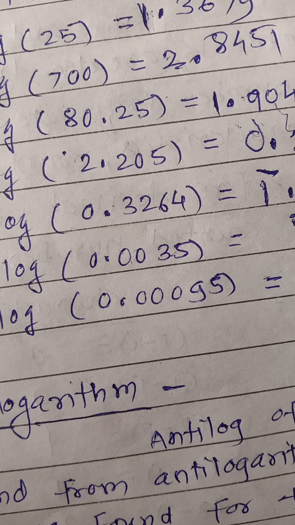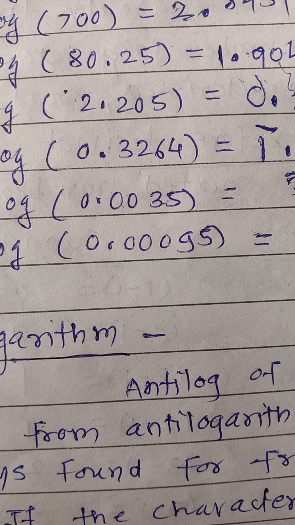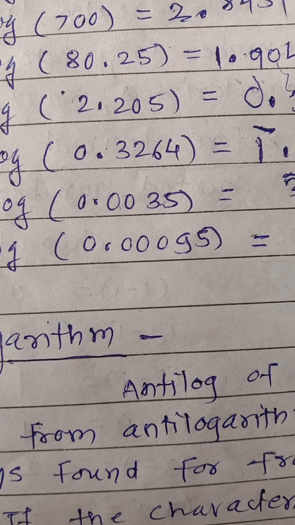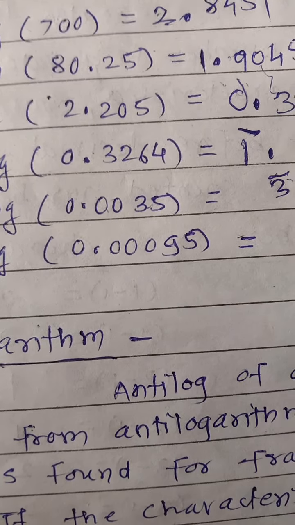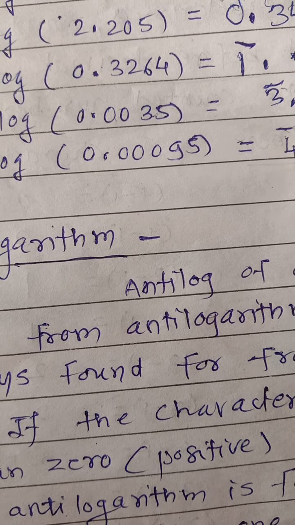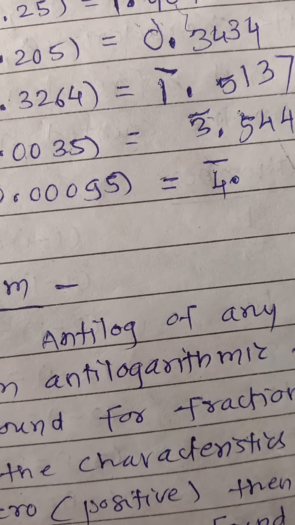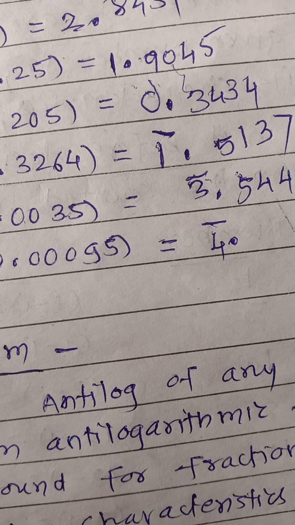Then we will proceed to the next number, that is 0.00095. Now in this case, between the decimal point and 9, 3 zeros are there, and therefore its characteristic will come 4 bar. So it will be 4 bar point. Again we will have to observe that table, and from that table for 95 we will have to proceed.